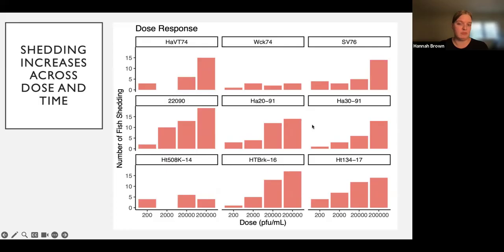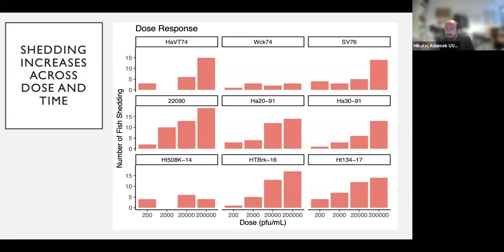This might be a question for Melina, whether the 220/90 isolate was more virulent in your experiments as well, because here we're seeing more fish shedding overall at all doses for this isolate than the other two from '91. But this virus, 220/90, is one of our more virulent IHNV isolates. That's what I thought.